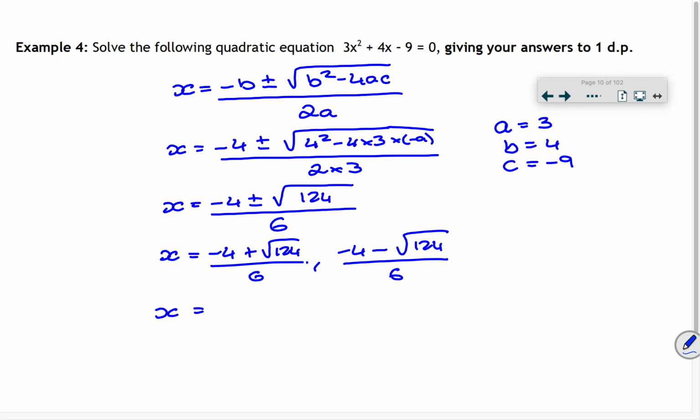And then just plug that into the calculator. So minus 4 plus square root of 124 divided by 6, which will give me 1.189.